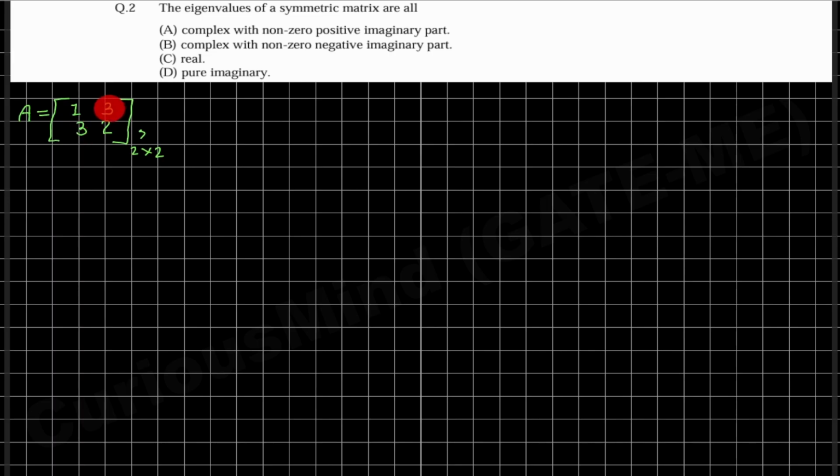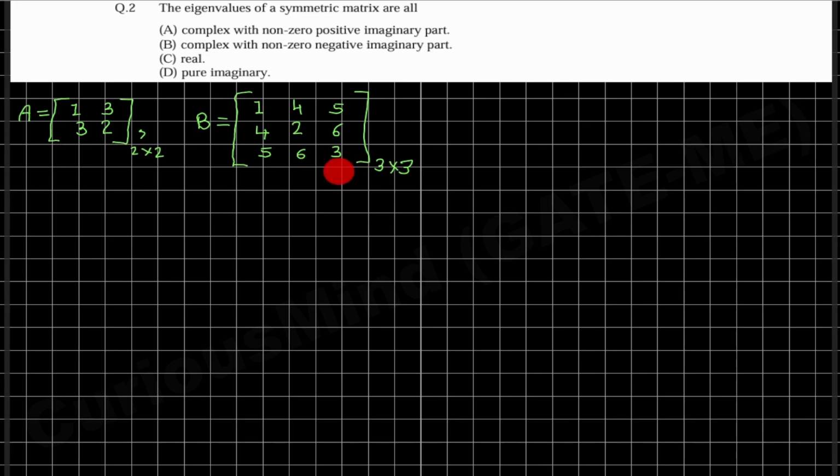In the same manner, we can also write an arbitrary third order symmetric matrix, just to understand how a symmetric matrix of order 3 would look. So we have a third order symmetric matrix.